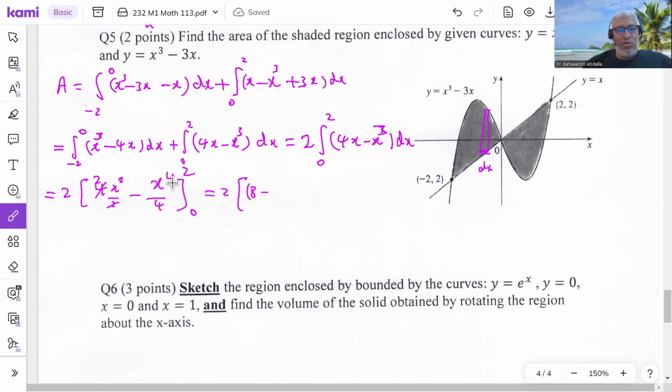And here, 2 to the power 4 is 16 over 4, that's 4. So this is when I replaced x by 2. Now replace x by 0, I'll have 0 minus 0. So that's it. So in fact, the area is 8.